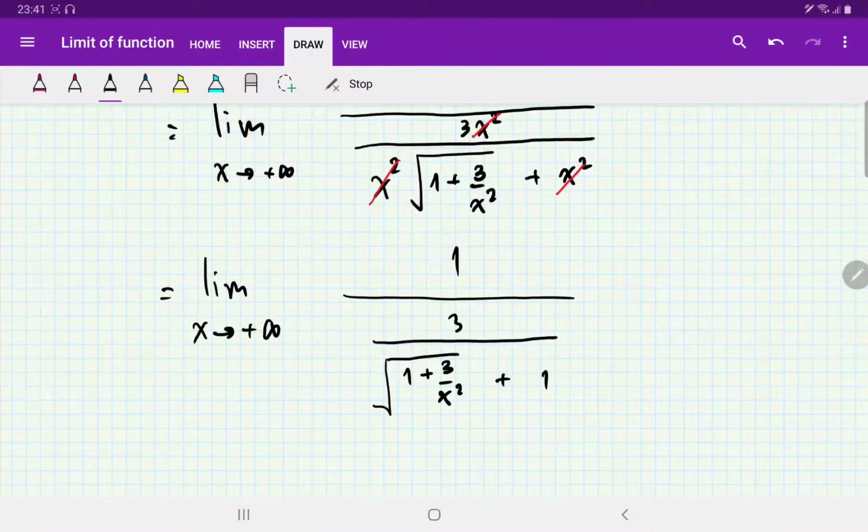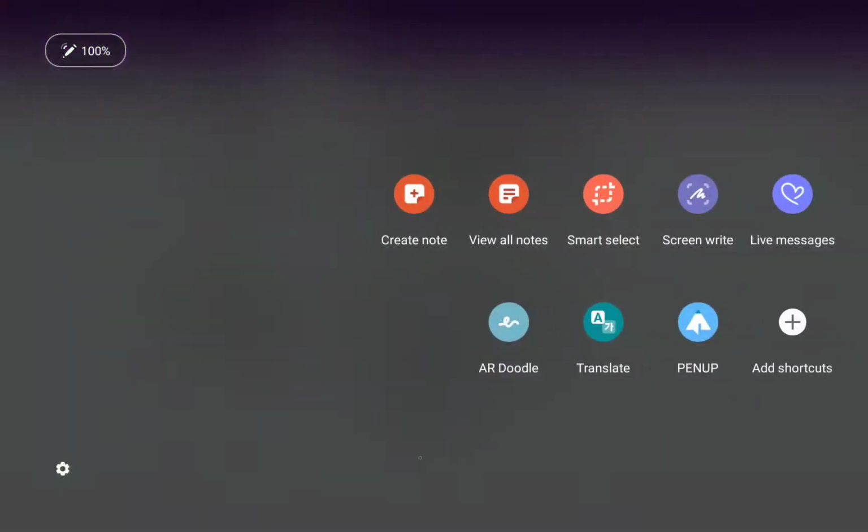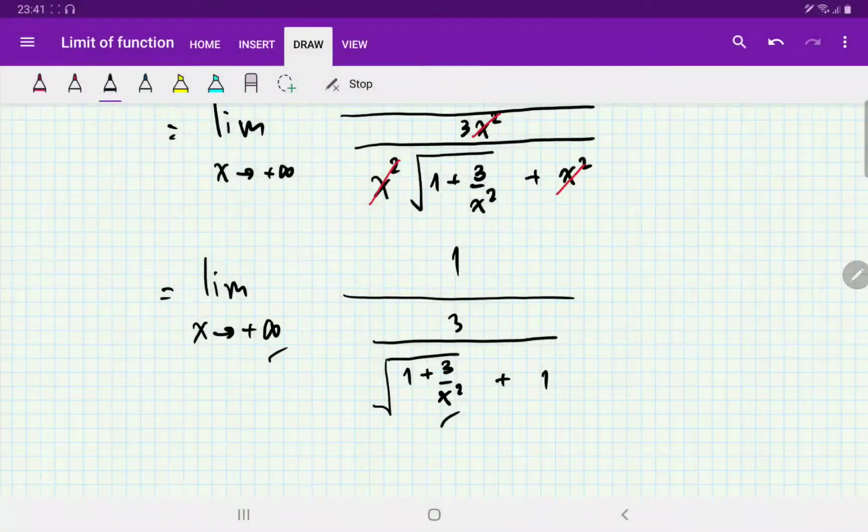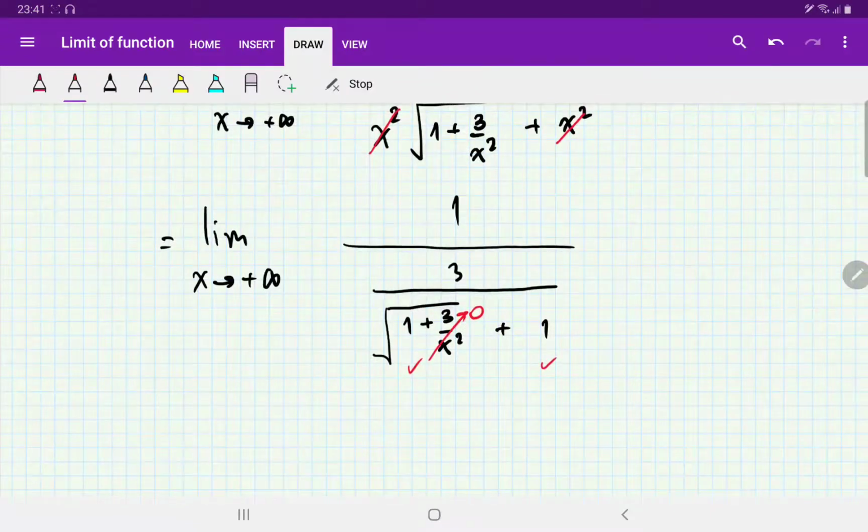Now we can substitute x approaching infinity: the limit of 1 over infinity approaches 0. In this term, 3 over x squared approaches 0. So now we only have the square root of 1 plus 1, which gives 1 plus 1.